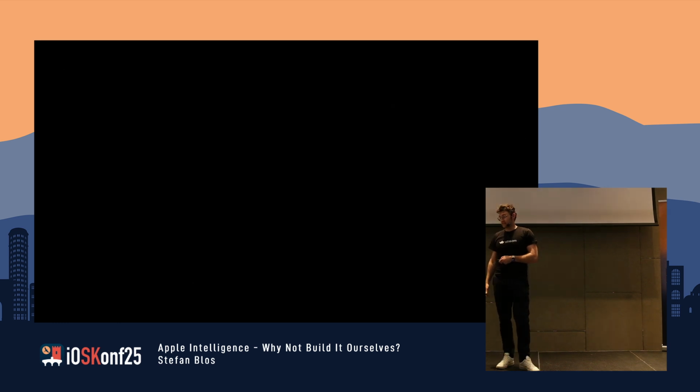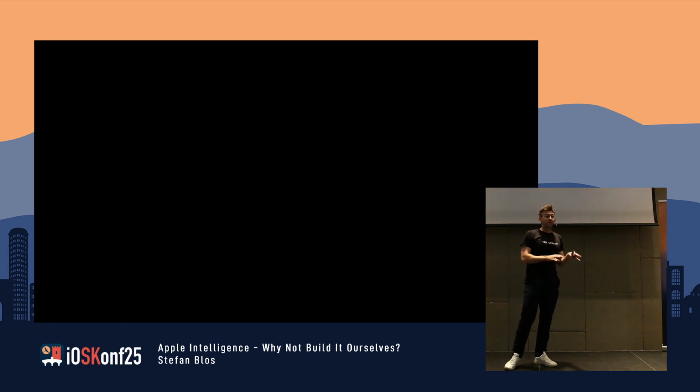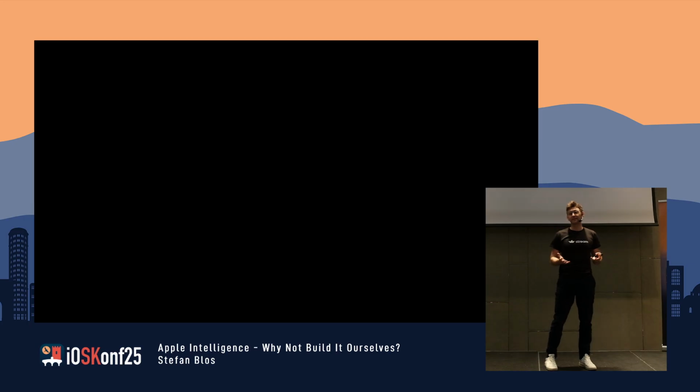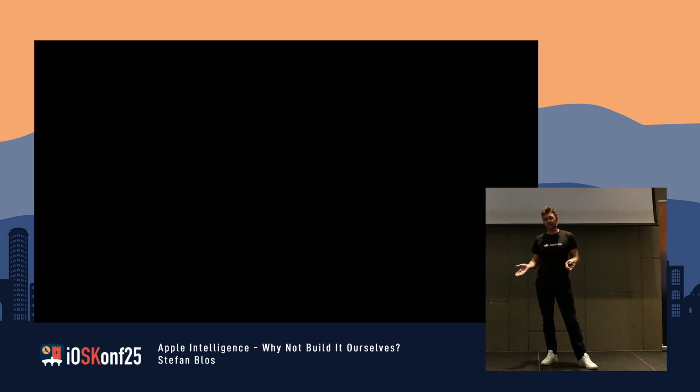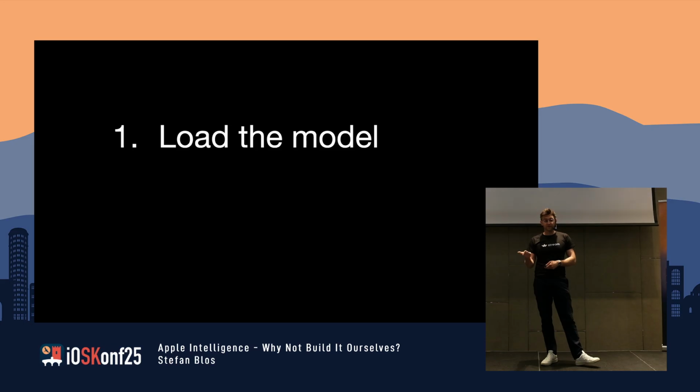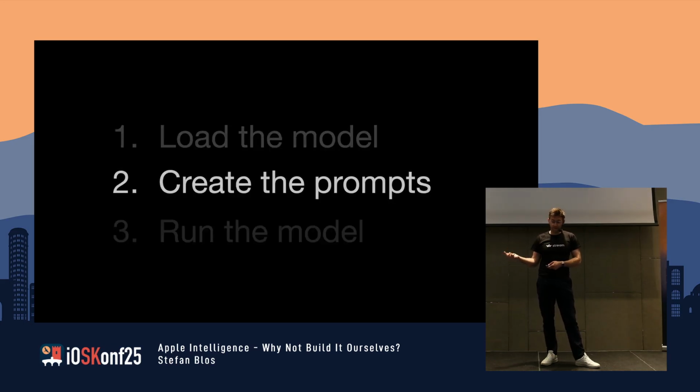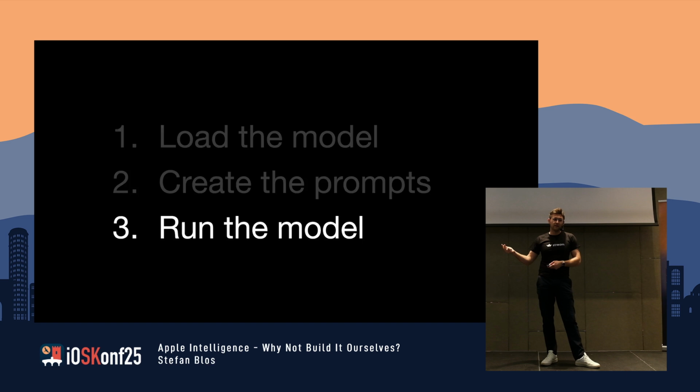But the good news here is that similar to writing tools, we can leverage a lot of the features that Apple and others have shared with examples how to use Stable Diffusion in their apps. And if we use these tools and all the code that we have available already, it comes down to 3 steps again. And the first one is we need to load the model. Then we need to create prompts. And the third is we need to run the model.